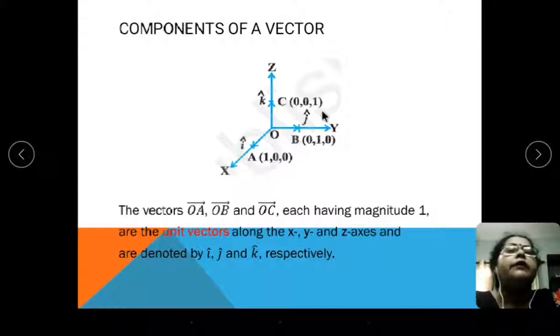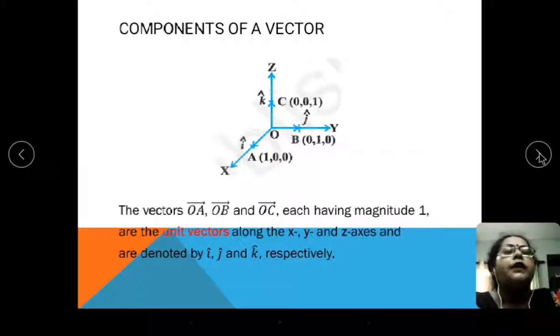So once again, OA, OB, OC, what do they represent? They represent the unit vectors along the x, y and z axis, and the standard notations are i cap, j cap and k cap, which we should remember and will be used in all the subsequent discussions.